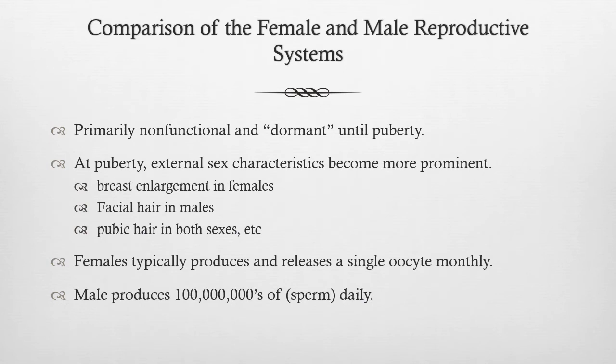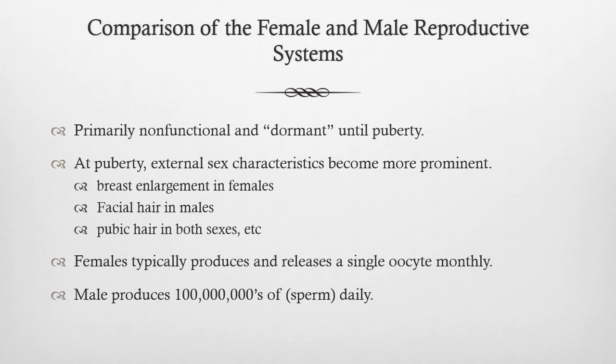So comparing the males and the females in terms of reproduction, they are both basically dormant until puberty. And so although females do have their oocytes already produced before puberty, they're still not functional at that point. Both are going to go through a process in terms of maturation of secondary sexual characteristics as well as the primary sexual characteristics themselves.